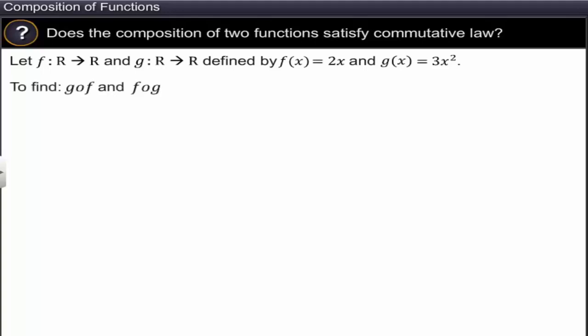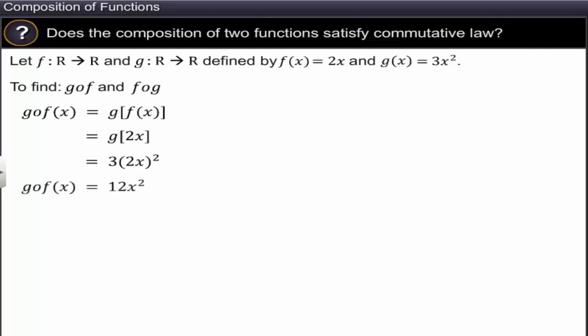Let's find the composition of functions f and g first, and then g and f. g circle f of x is equal to g of f of x. Substituting the value of f of x, which is equal to 2x, this gives g of 2x. Now, g of x is equal to 3x square. This implies that g of 2x is equal to 3 multiplied by 2x whole square. Hence, the value of g circle f of x is equal to 12x square.